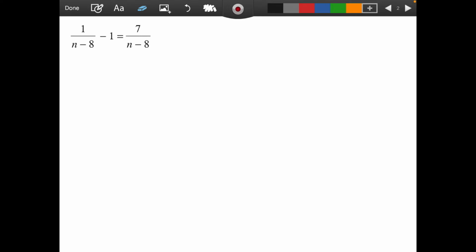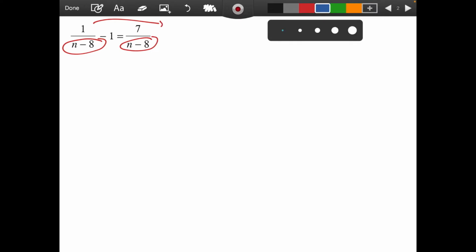For the next question, 1 over n minus 8 minus 1 equals 7 over n minus 8. The best technique I see here is, I see these denominators are the same, so I try to collect them together. So I'm going to move this to the other side.